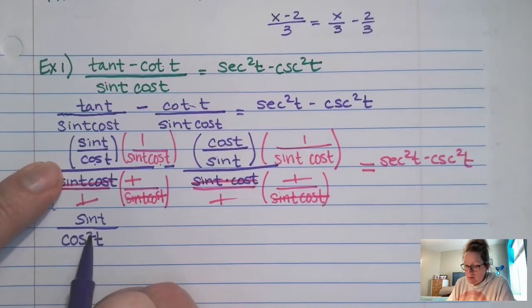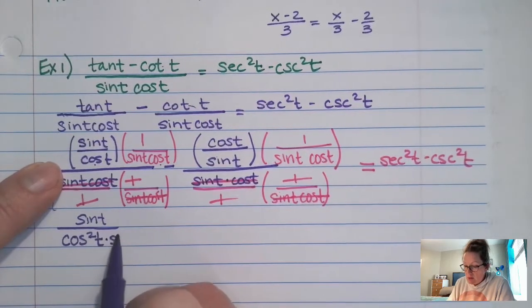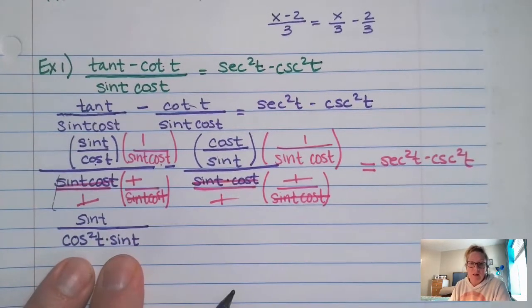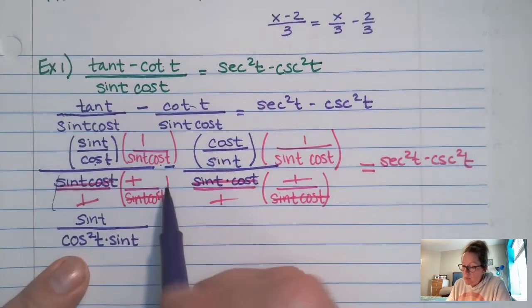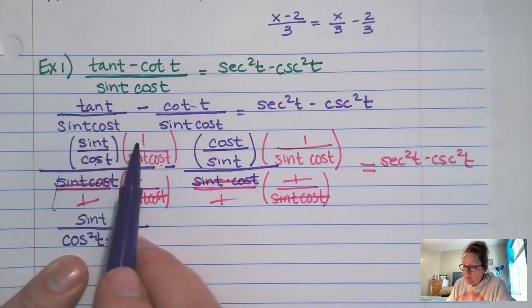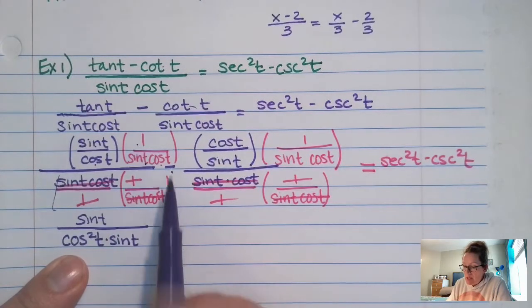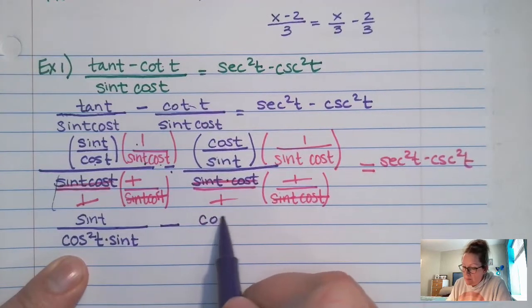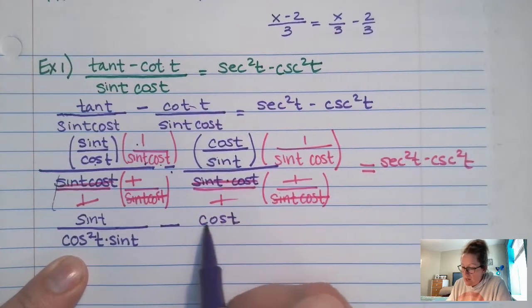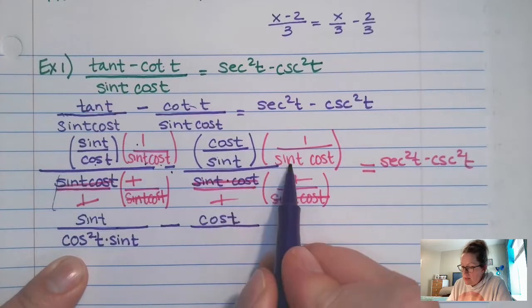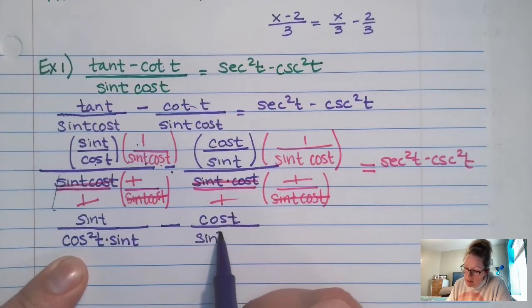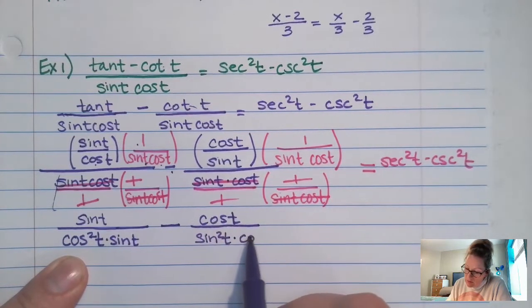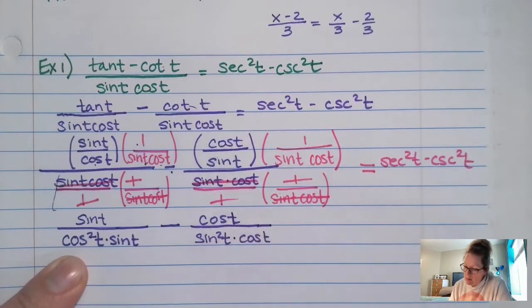Remember, it's not the t squared, it's the cosine function. Times sine t. And if you wanted, you could have put sine t times cosine squared t. That's fine, commutative property. So I did top and then bottom, minus, same thing, top, and then bottom, sine t times sine t, that's sine squared t times cosine t.